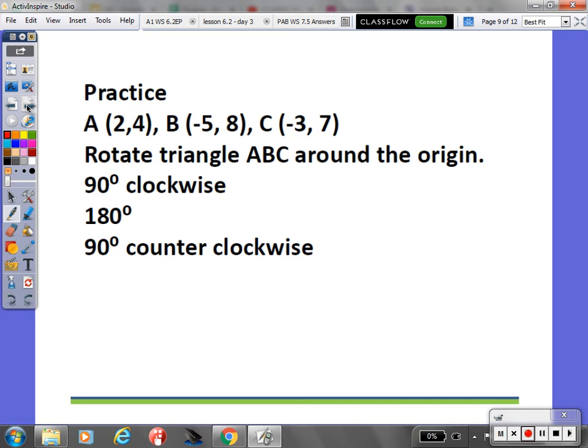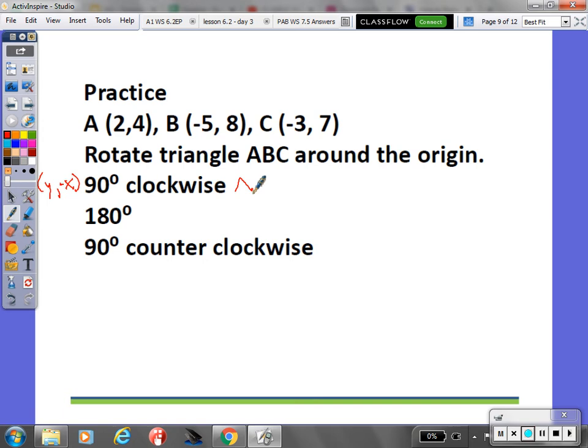So let's go ahead and practice with some of those. Rotating about the origin 90 degrees clockwise. So remember, clockwise, X and Y are going to flip-flop always. So Y coming first, X coming second. Clockwise means we're going to spin from the first quadrant into the fourth quadrant. We would have to take the opposite of the X value because the new Y coordinate needs to be negative.